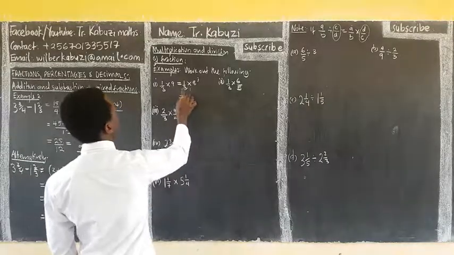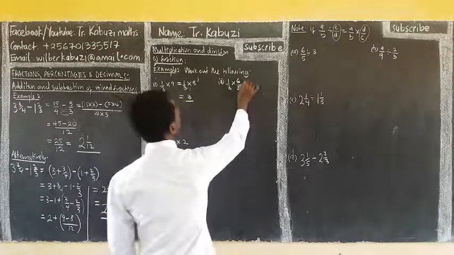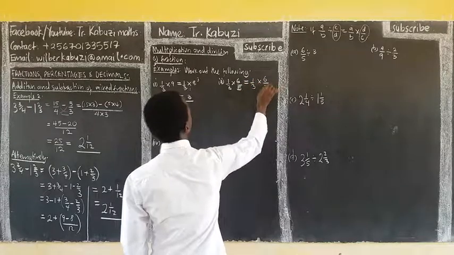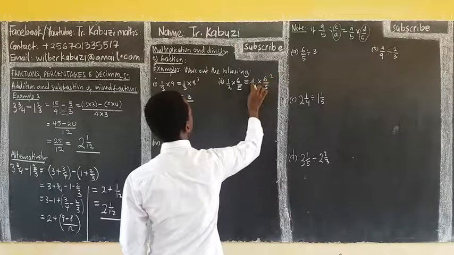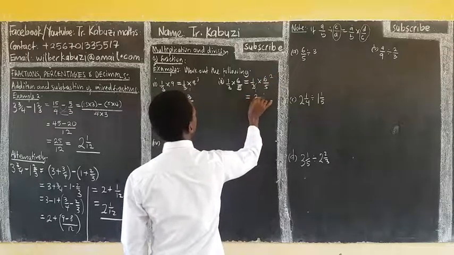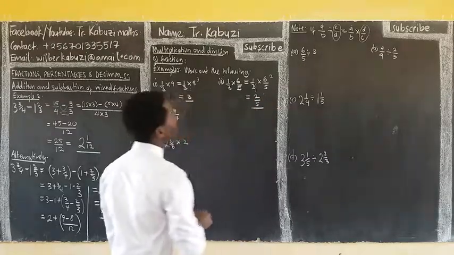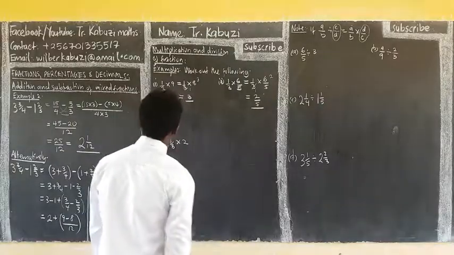So we shall be having 1 times 3, which is 3, and there you are done. This one we have a third times 6 over 5. You see that, by this 1, by this 2. 2 times 1 we get 2, 1 times 5 we get 5, and there we go. In multiplication, they are very easy.